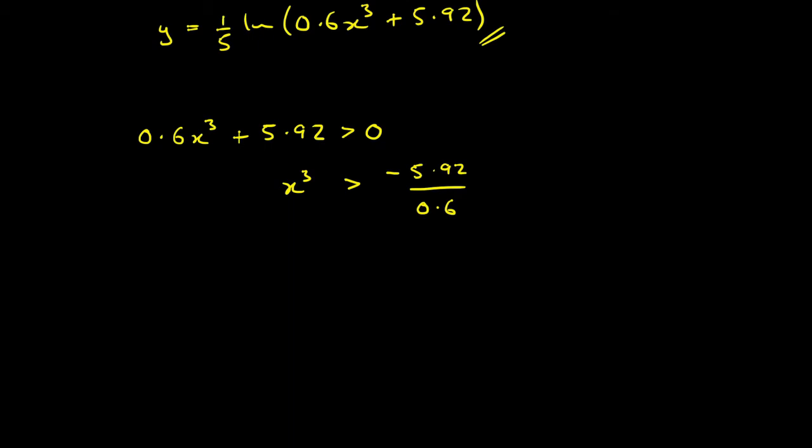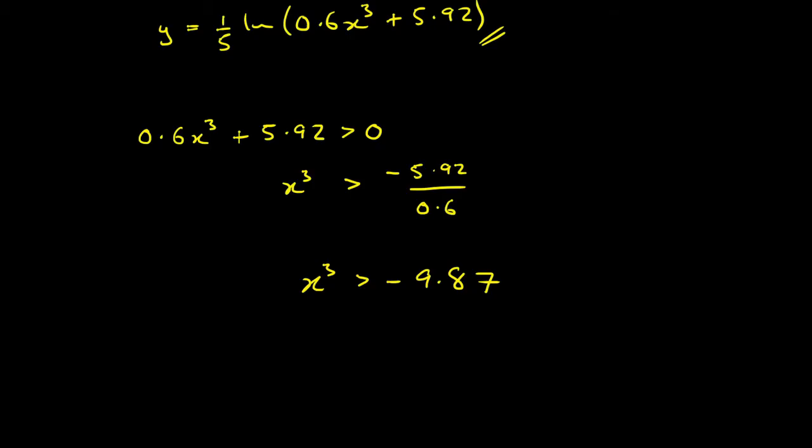So 5.92 divided by 0.6, okay, is 9.866, right? So x cubed is greater than negative 9.87, I guess. And then let's cube root this. So that gives me 2.14, I think.